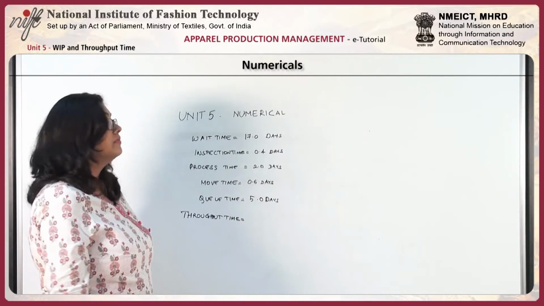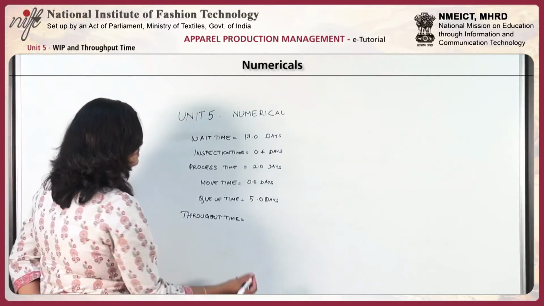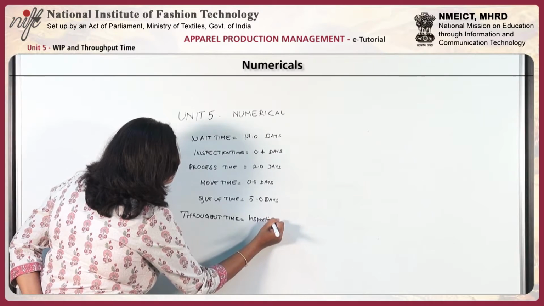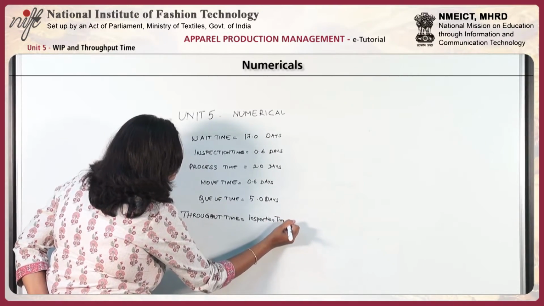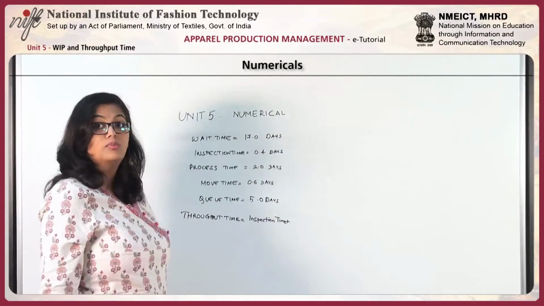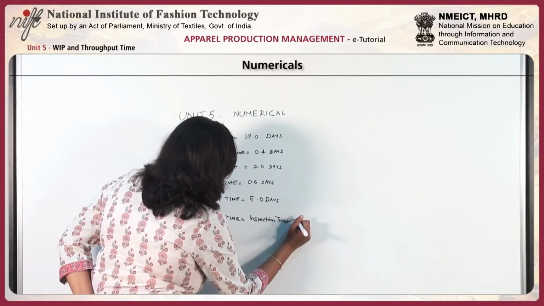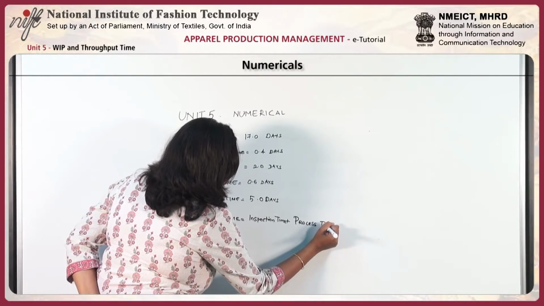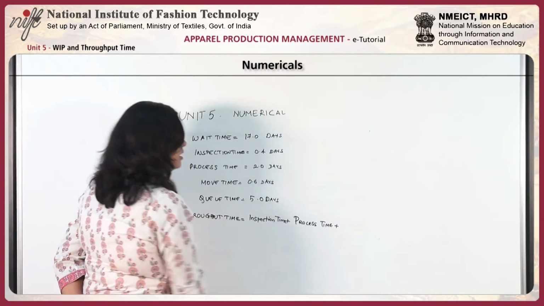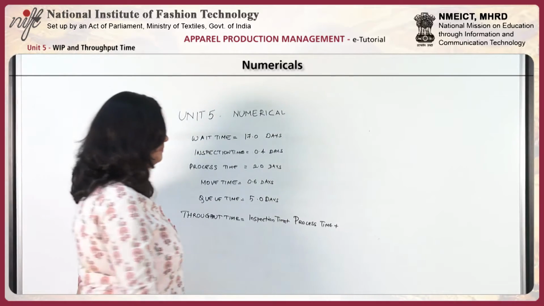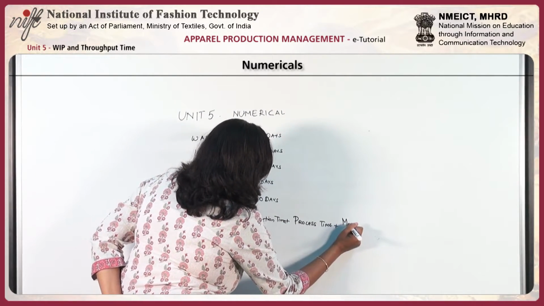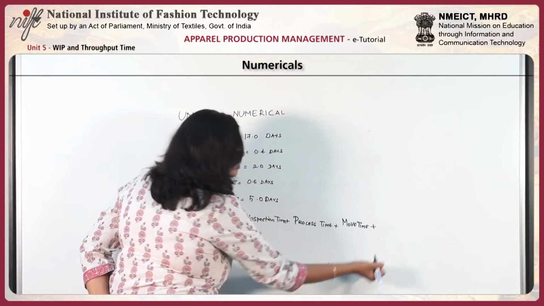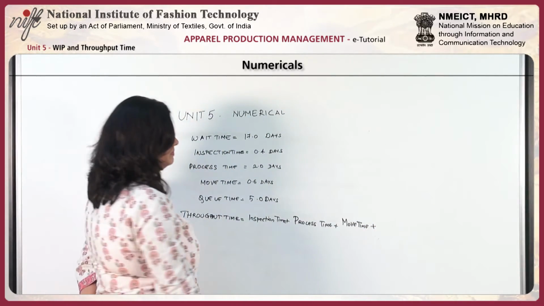Throughput time will be calculated with inspection time plus process time plus move time plus queue time.